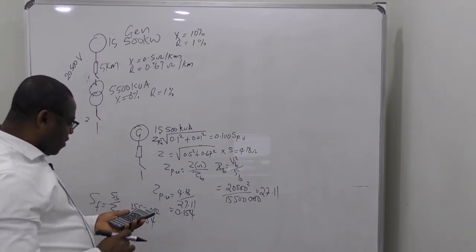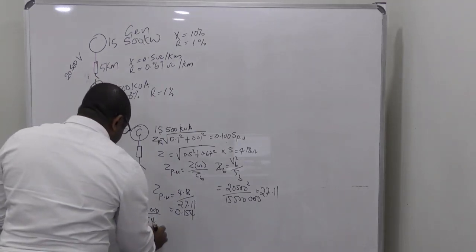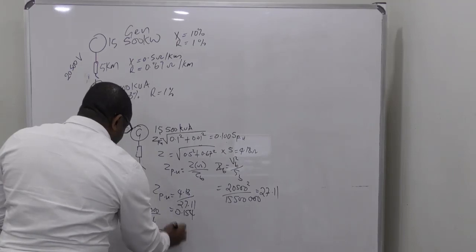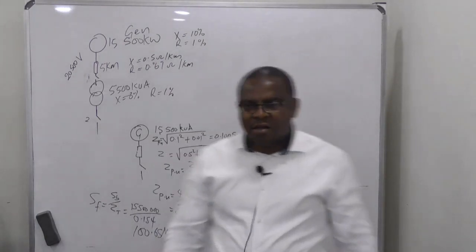That will give you 100.65 MVA. Okay, that is the fault capacity.